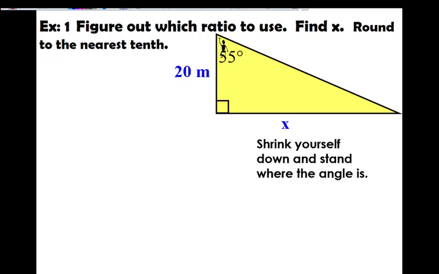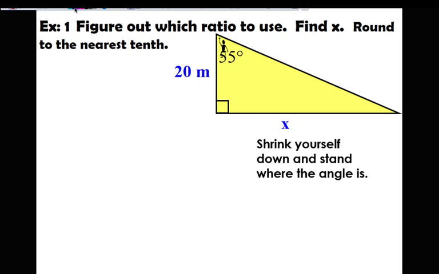The two sides that I'm going to be able to touch are the adjacent and the hypotenuse. In this case, this side is my hypotenuse, this is h, which means this side is my adjacent and this side is my opposite. So I have my adjacent and I'm looking for my opposite.